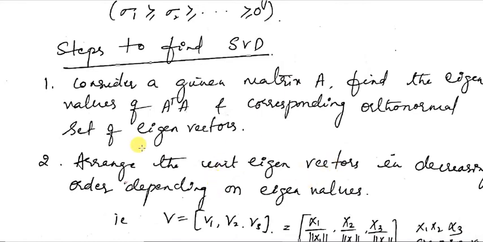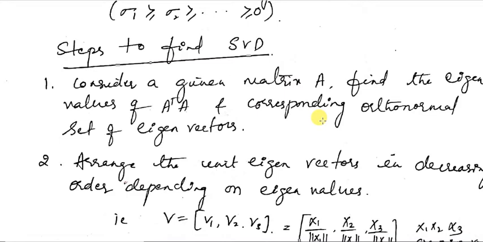In the very first step, we have to find the matrix A transpose A, and its eigenvalues and the corresponding orthonormal set of eigenvectors. So in the first step we consider the given matrix A, then find the eigenvalues and eigenvectors of A transpose A, and also find the orthonormal set of eigenvectors.